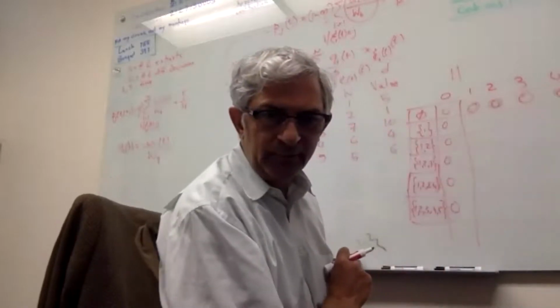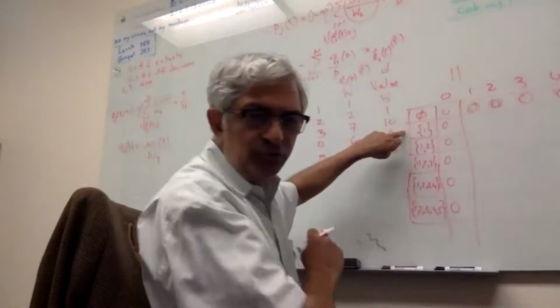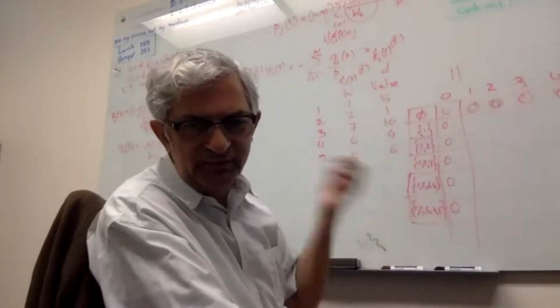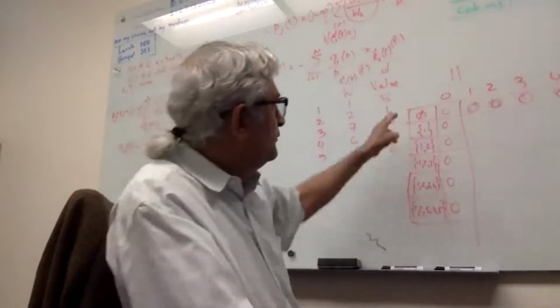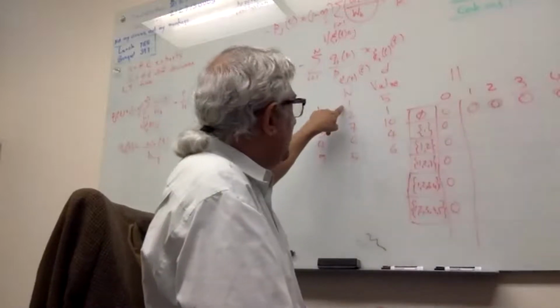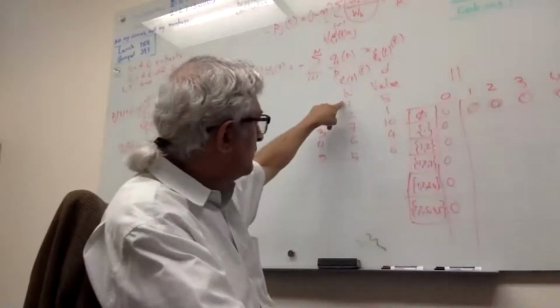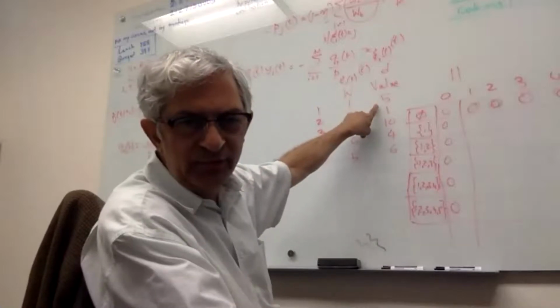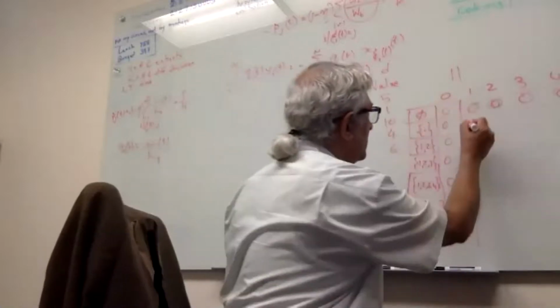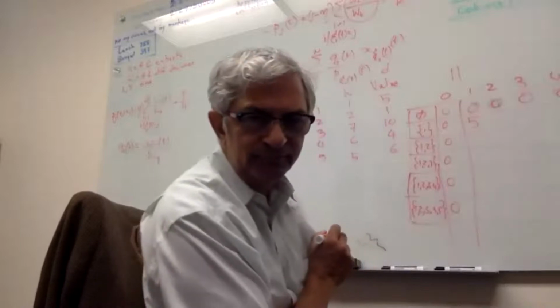All the way. If I have only one item to choose from, there are only 2 possibilities. Either you take it or you don't. If you take it, you're going to make weight of 1, but the value is going to be 5. So for weight of 1, I can achieve a value of 5.